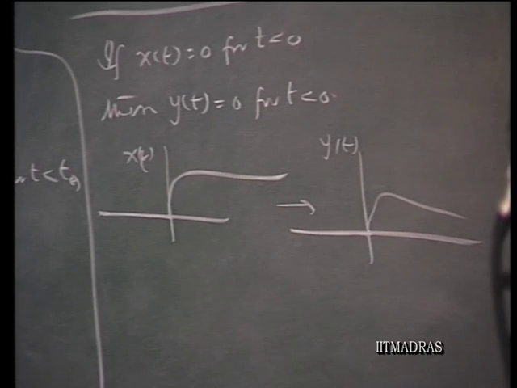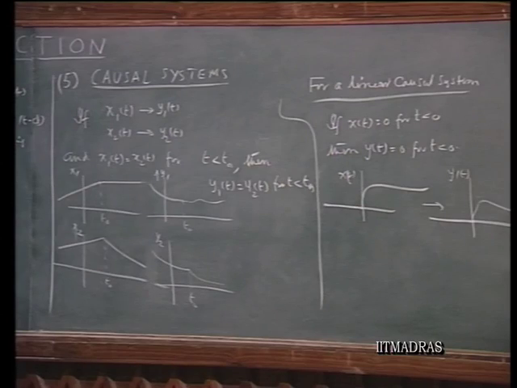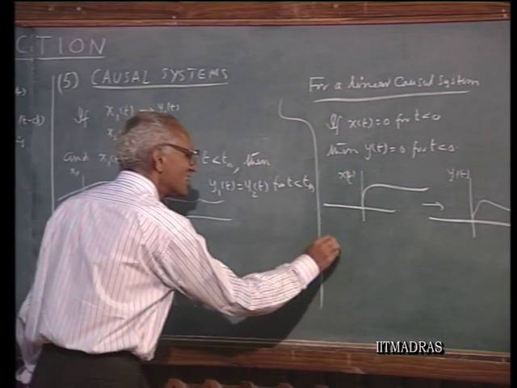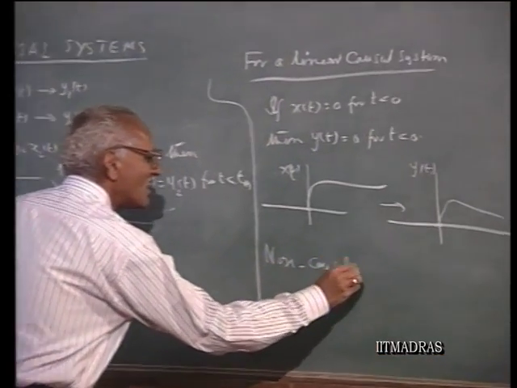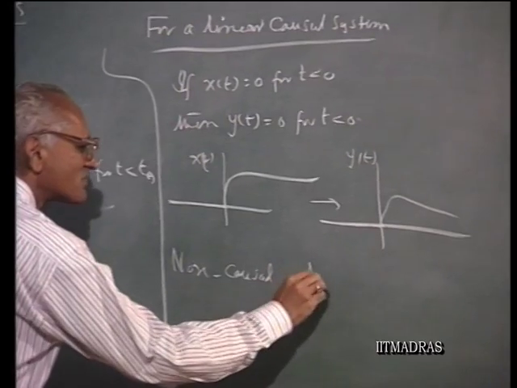That means before you apply the input you cannot get an output, which seems to be quite reasonable from physical arguments, and therefore we believe that all physical systems follow this causality principle. And a system which is not causal is referred to as non-causal or anticipatory systems.